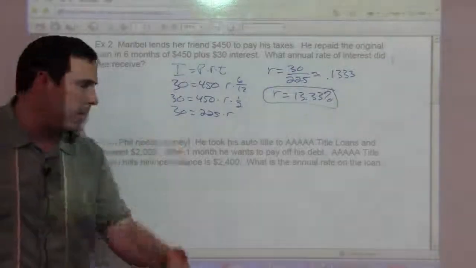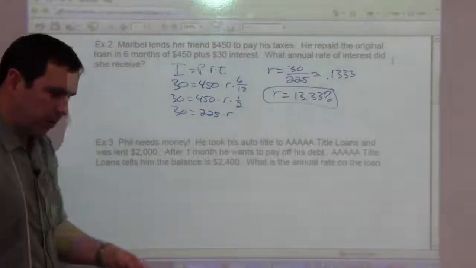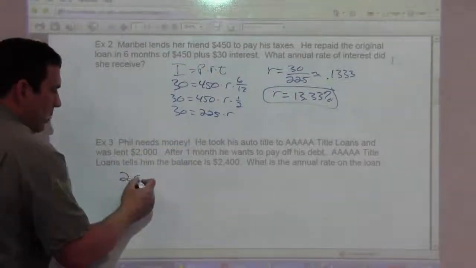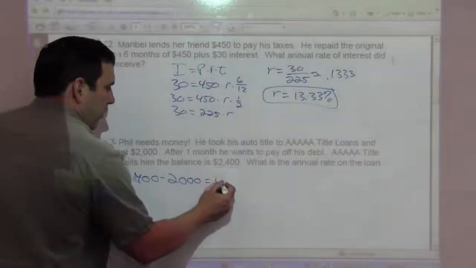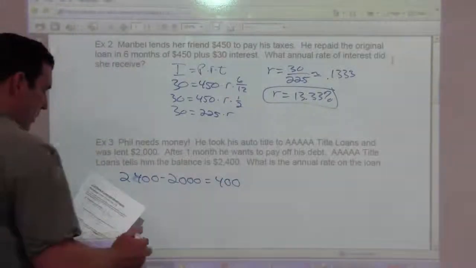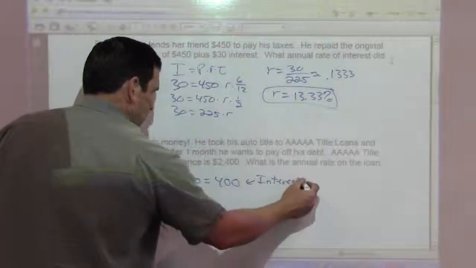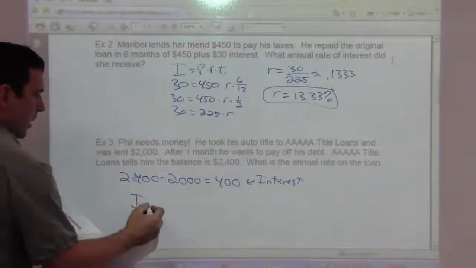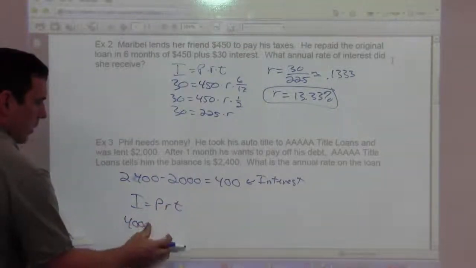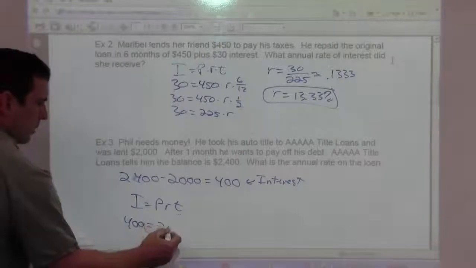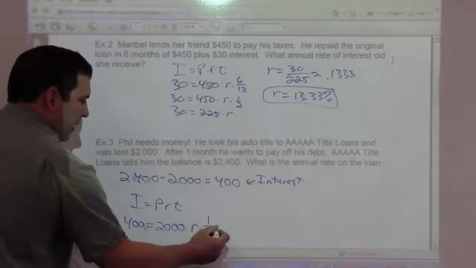So after 1 month, it went from $2,000 to $2,400. He borrowed $2,000, has to pay back $2,400. So $2,400 minus $2,000 is $400. That is the interest. Interest is principal times rate times time, so $400 is equal to 2,000 times the rate, R, times the time, 1 out of 12 months.